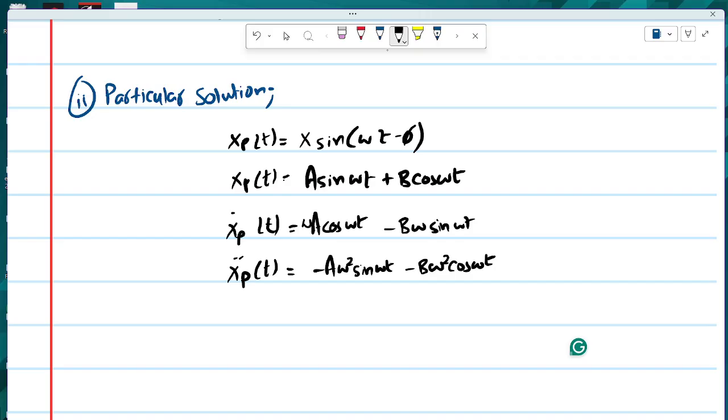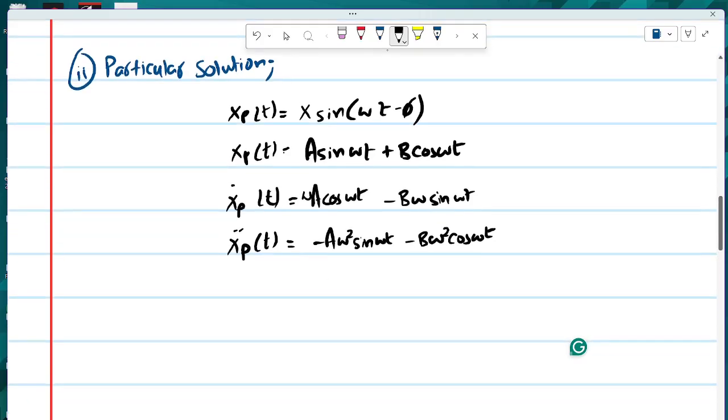And we can substitute this into our equation of motion, m x double dot plus c x dot plus k x equals f naught sine omega t. We substitute xp, xp dot and xp double dot here.